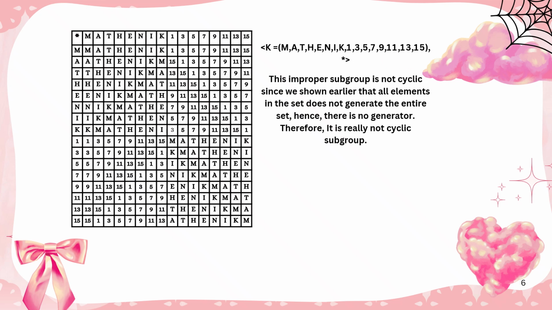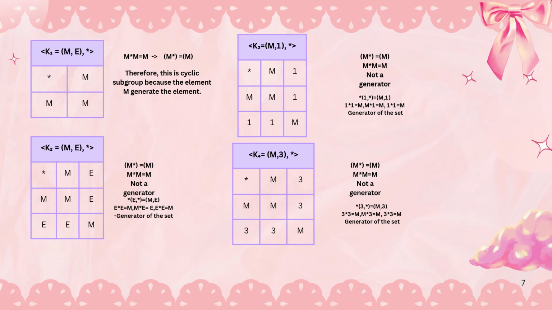This is an improper subgroup, and it is not cyclic, since we have shown earlier that no element in the set generates the entire set. Therefore, there is no generator.